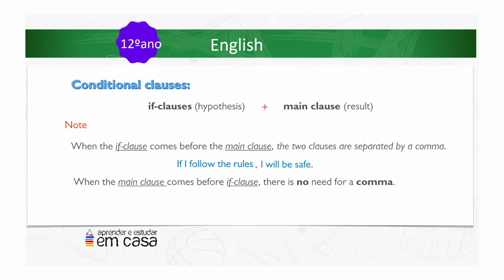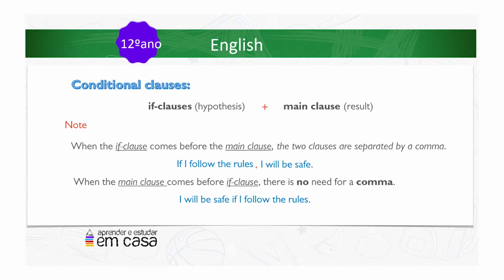When the main clause is before the if clause, we don't use any commas. So the same sentence goes now in different order, but we don't have any commas here. So I will be safe if I follow the rules.